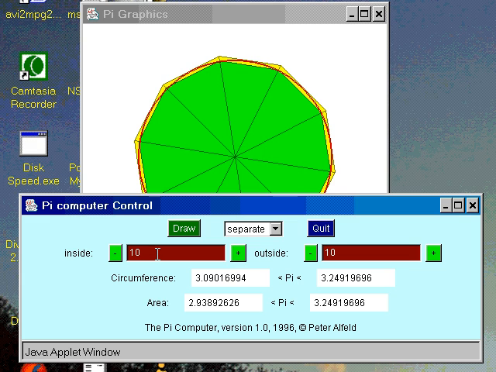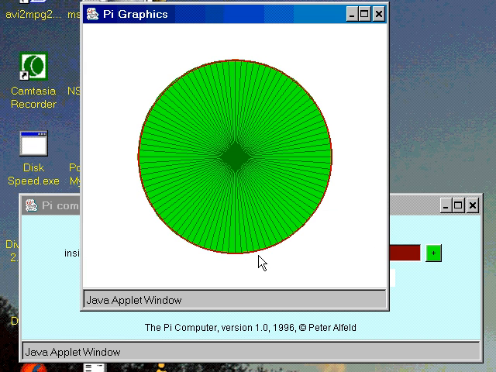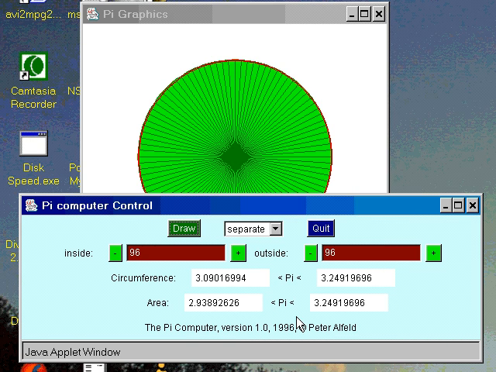Now if you were to do it like Archimedes for 96, and do the outside for 96, you can see that the inscribed 96-gon is very, very close to the circle. And how close is that?